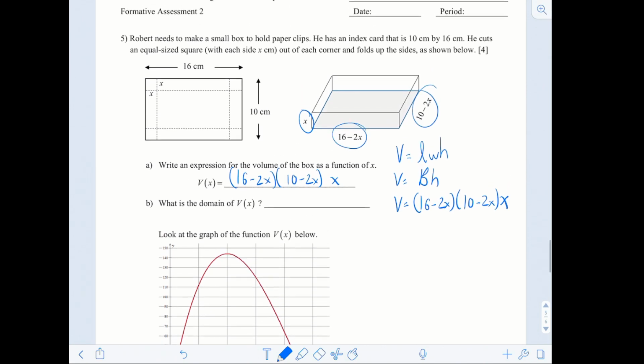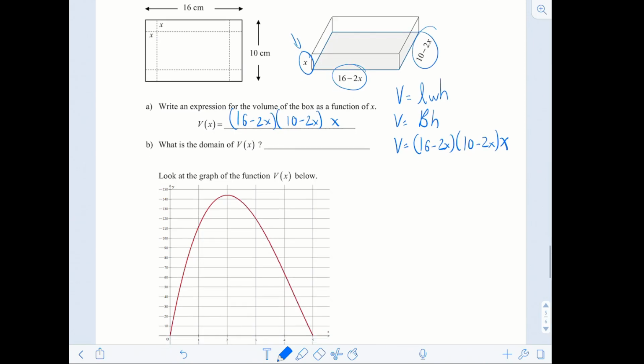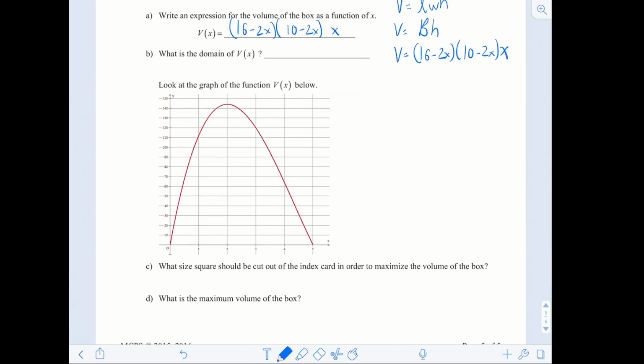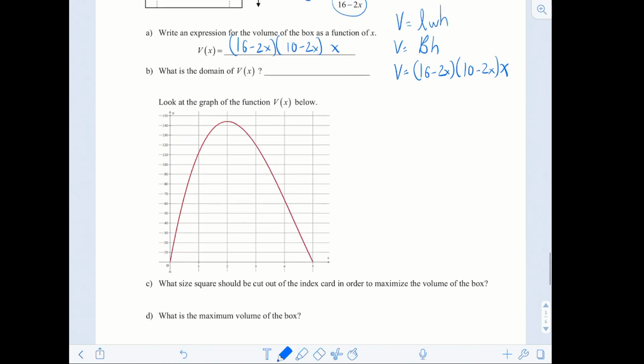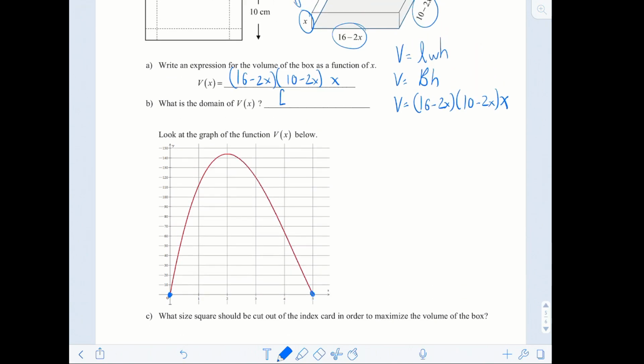If I were to say x is equal to negative 2, I can't have a negative 2 height. I could set up my graph, but it looks like they actually have the graph of it for you. So I would say the domain is going to go from 0 to 5 for this specific problem, and I can see right here that my domain goes from 0 to 5.